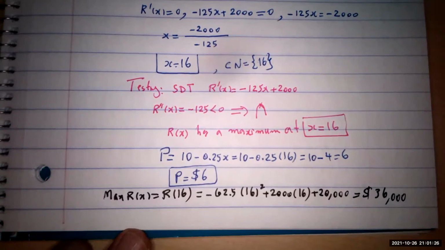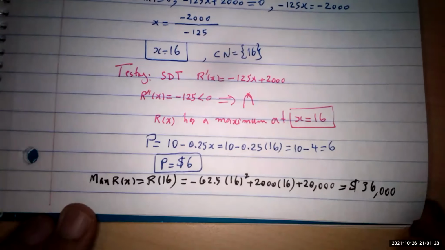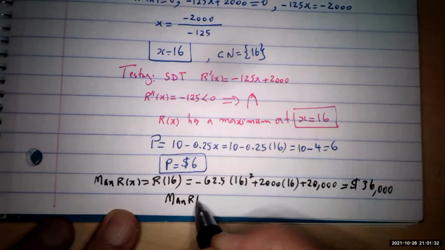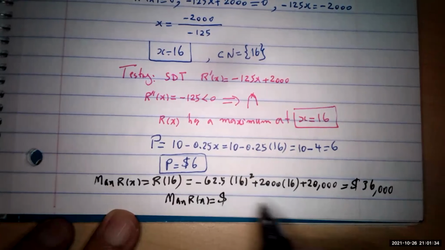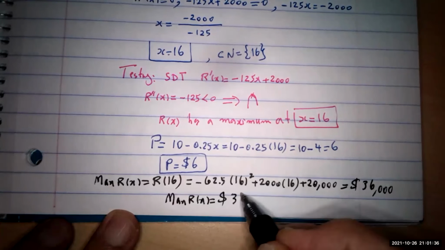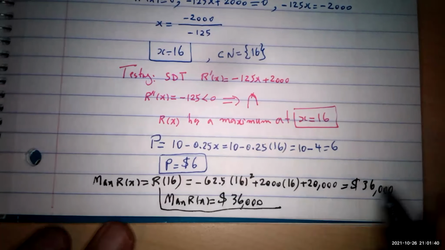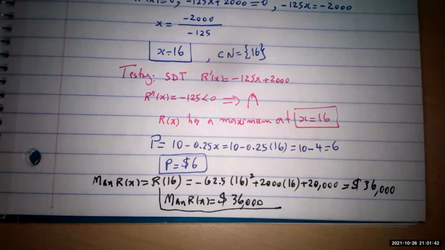This is going to be the maximum revenue. Your new revenue would be 36,000, which is very good, because originally you were making only $20,000. But with this new price, you make more money. Okay, so that's a type 3.